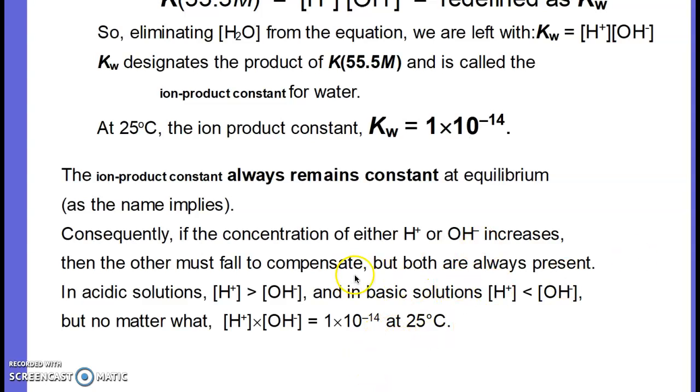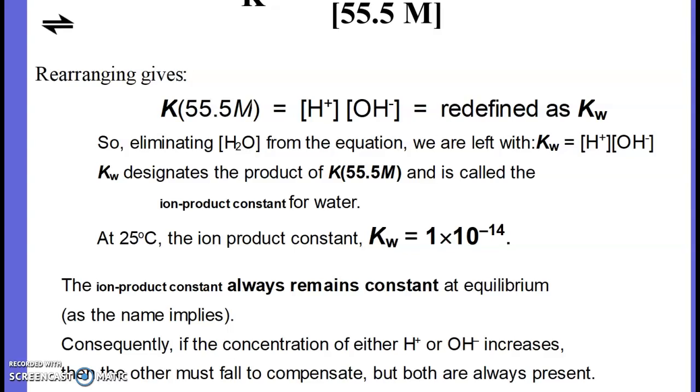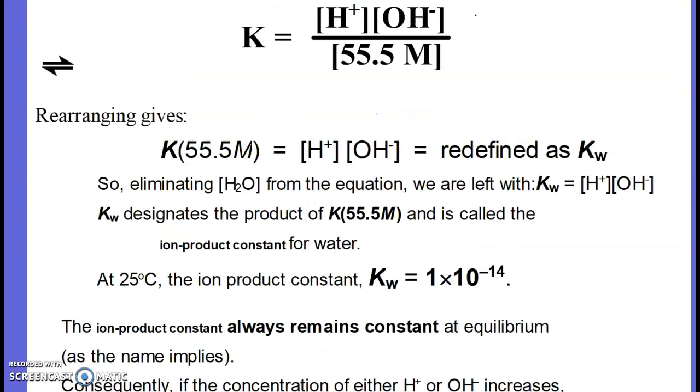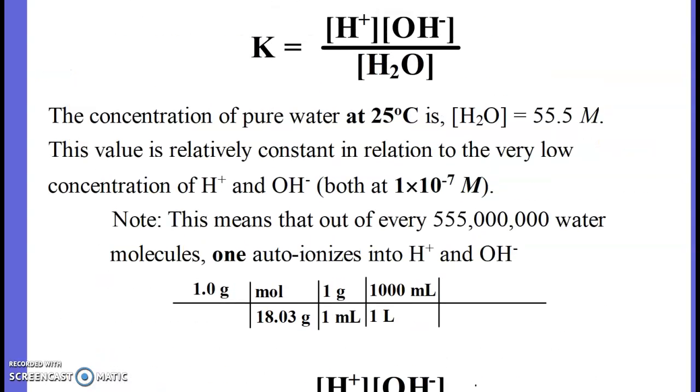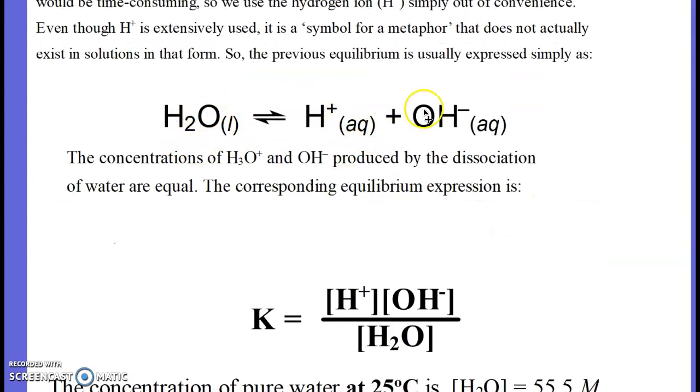So if we think about looking at the concentration of the H plus or the OH minus, these are going to be equal. I think I might have mentioned this, but for every 1 water molecule, if you look at the equation up here, for every 1 water molecule that dissociates, you get 1 each of these.